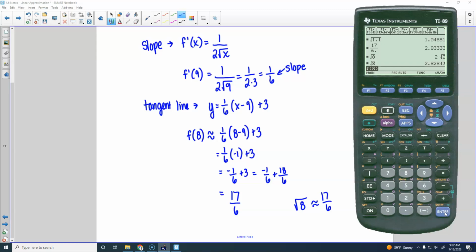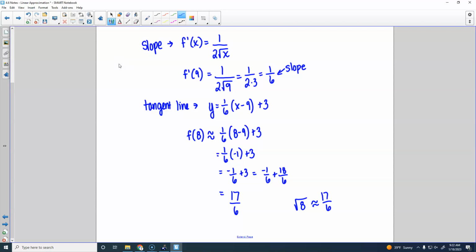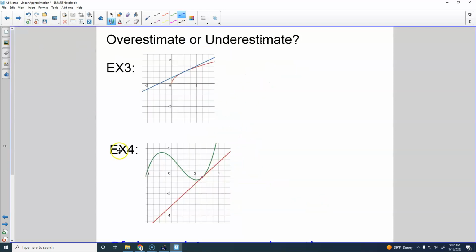Okay, so one thing that we're going to be very concerned with is whether or not our estimates are high or low. So, if I have this graph right here, and I have this point of tangency right here, and that blue line is my tangent line.